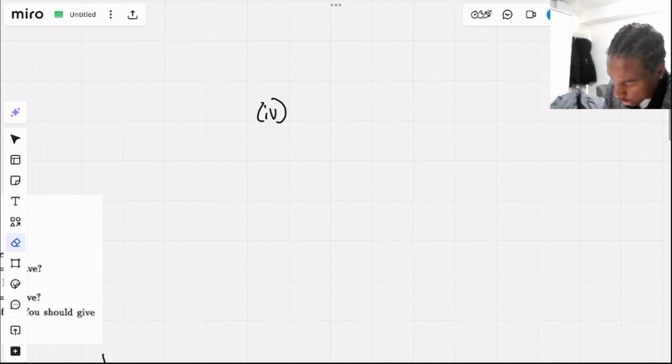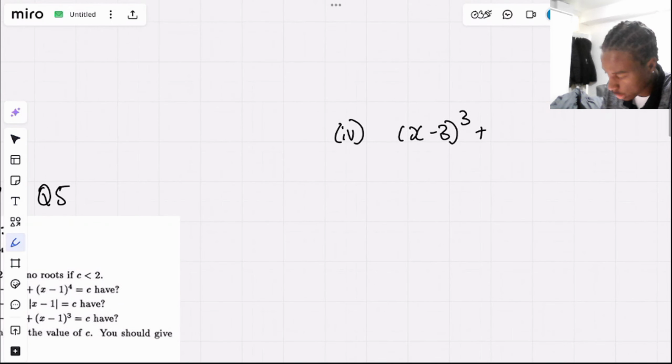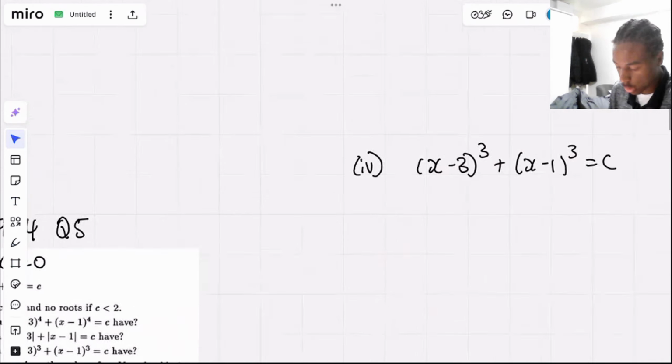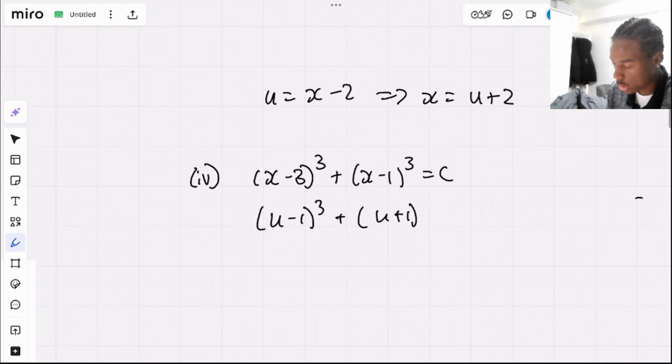We have x minus 3 to the 3 plus x minus 1 to the 3 equals c. Now, again, we can use that trick of u equals x minus 2 to get x equals u plus 2 to get u minus 1 to the 3 plus u plus 1 to the 3 equals c.